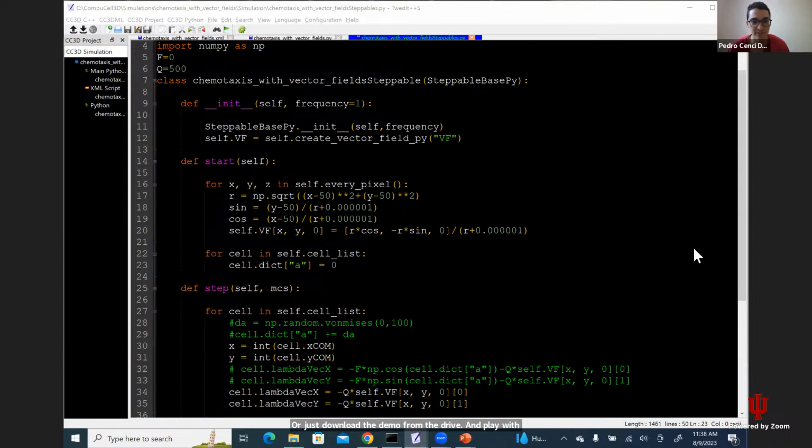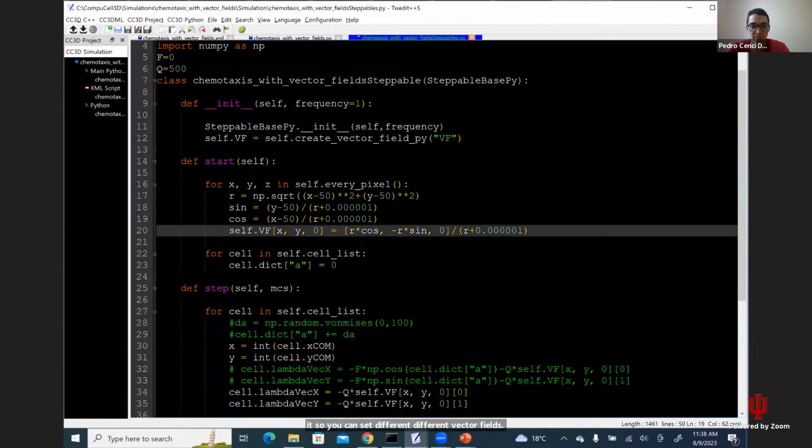So you can set different vector fields. So for example, a simple one would be, let me build a possible vector field here. 1 in the x, 0 in the y, and 0 in the z.